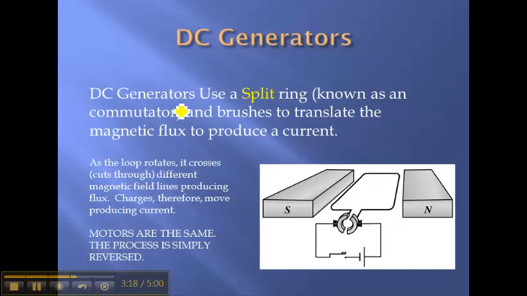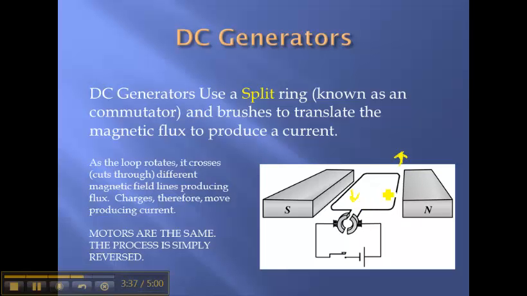DC generators use a split ring. It's kind of like a slip ring that we talked about with AC, but the ring is split in half, and as that end moves up, this other side is moving down.